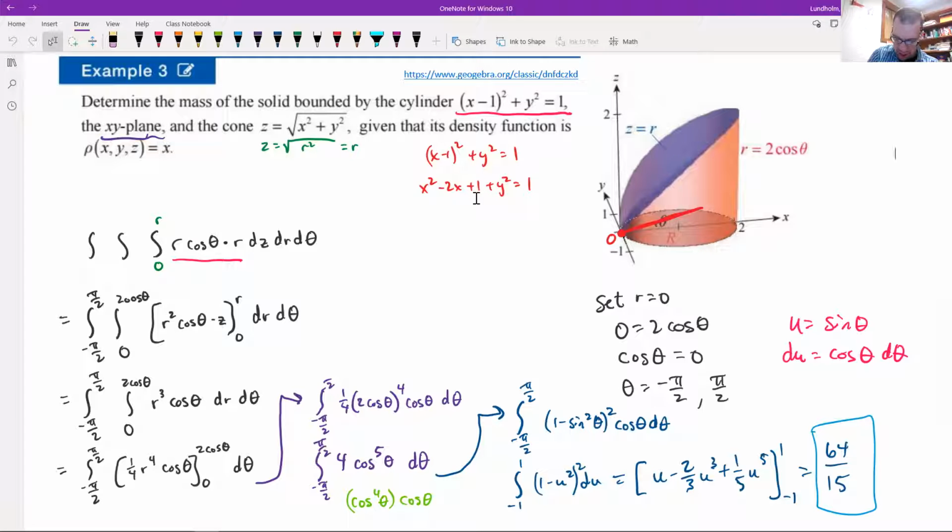So the x squared plus y squared turns into r squared, and then minus 2r cosine theta. We'd still have a plus 1, and then we would equal 1. So solving this for r means that we would want to go for subtracting 1 from both sides, and then taking an r out.